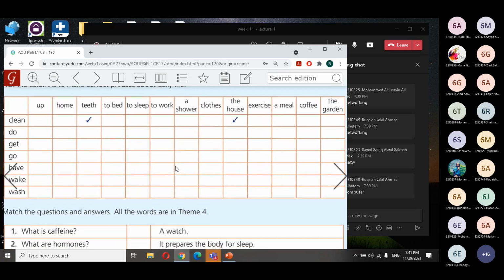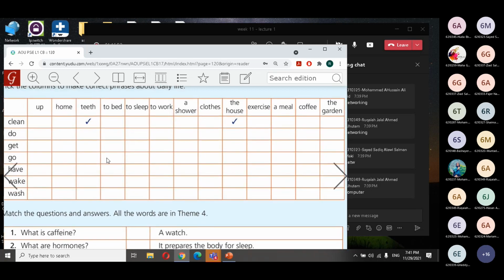So I want you here to match the verb with any of this column. The first one has been done. Here we have up, home, teeth, to bed, to sleep, to work, a shower, clothes, the house, exercise, a meal, coffee, the garden. This is about household chores.